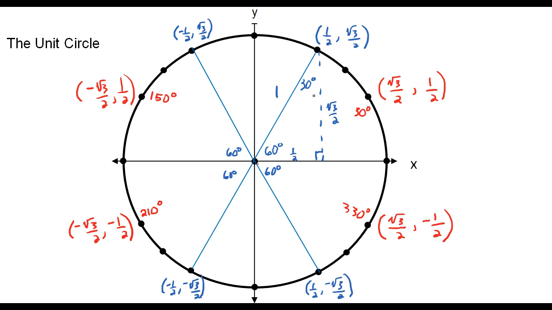Okay, so now let's take a look at what those angle measures are. We know that this one is 60. And then if I rotate over here, it's going to be 180 minus 60, that's 120.